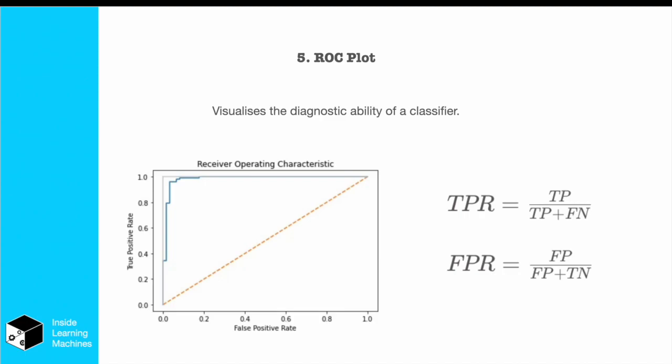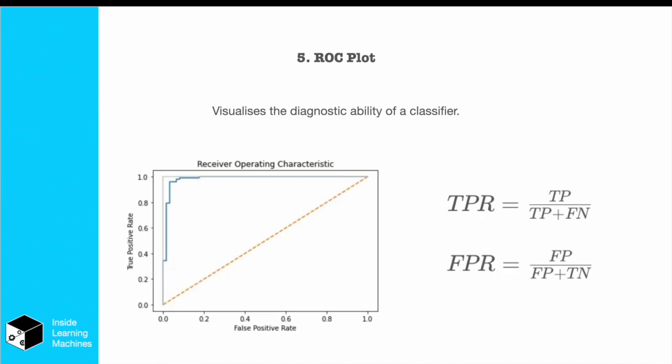So in general, the higher up our blue line is towards the upper left-hand side of the ROC plot, the better it's performing. And that's exactly what we want to see. The closer that blue line is to the diagonal, it means that the classifier is not doing much better than random guessing.